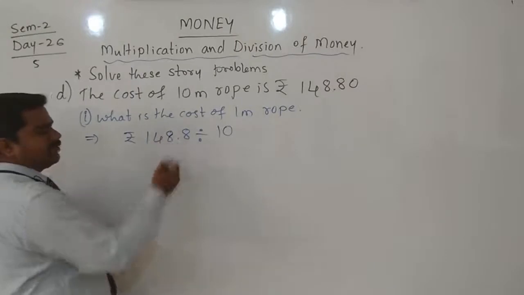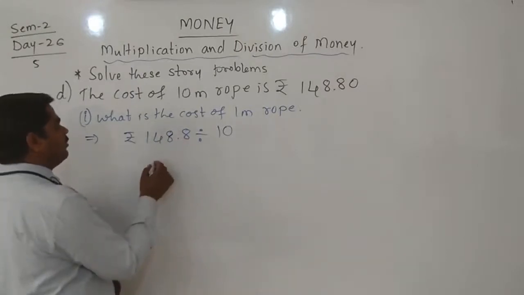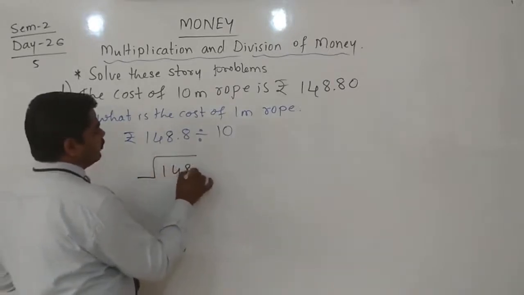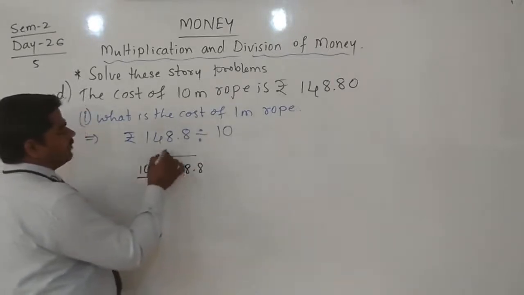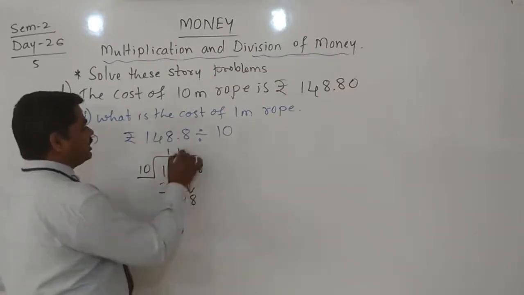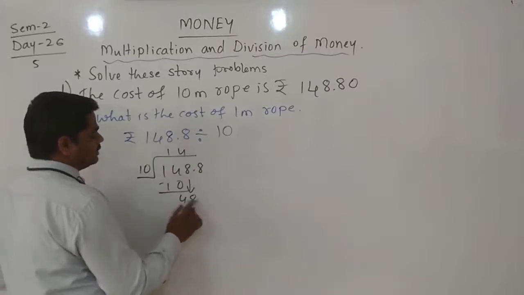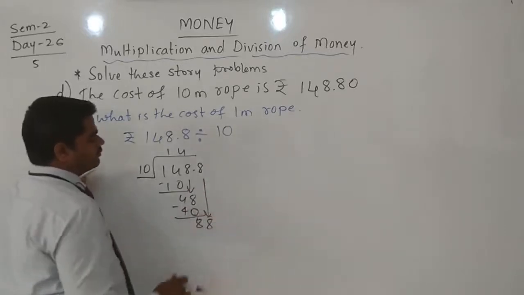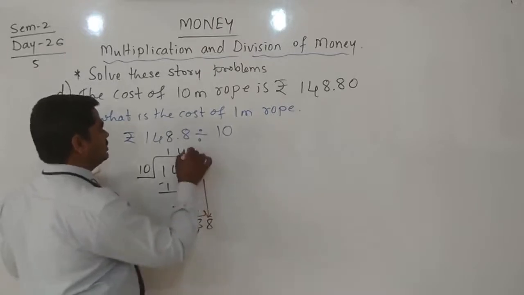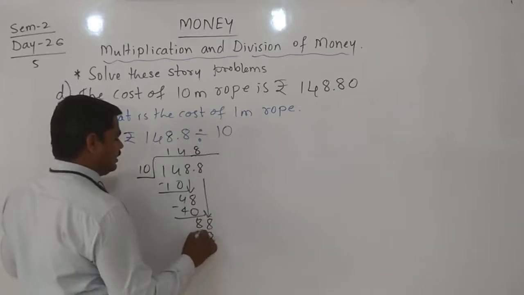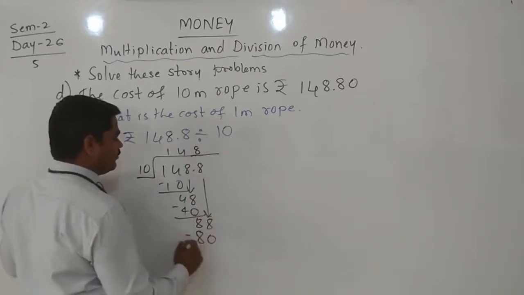Shift the decimal, divided by 10. Very easy, we learned, yes or no? Or we can take the division process. 148.8 by 10: 10 1s are 10, again 4 remains, bring down 8, 10 4s are 40, 8 remains, bring down 8, again 10 8s are 80.